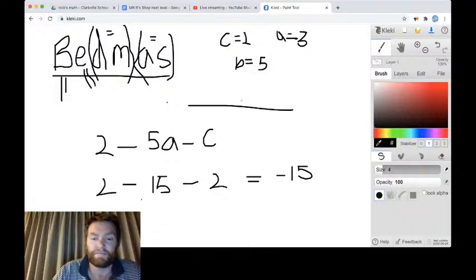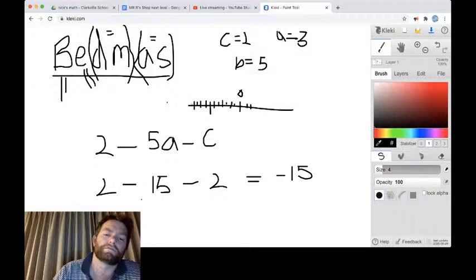Essentially, 0 is there. So when I have 2 and I want to go back 15, I have to go 1, 2, 3, 4, 5, 6, 7, 8, 9, 10, 11, 12, 13, 14, 15.